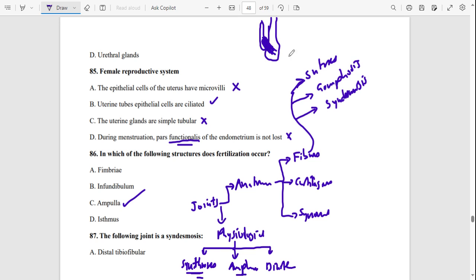So this joint is a syndesmosis. And then cartilaginous joints are divided into primary cartilaginous joints and secondary cartilaginous joints. The secondary cartilaginous joint is also known as the symphysis.